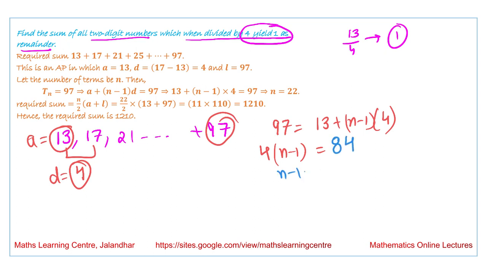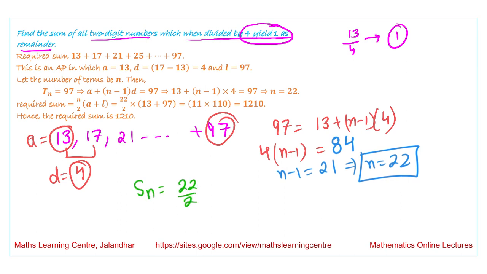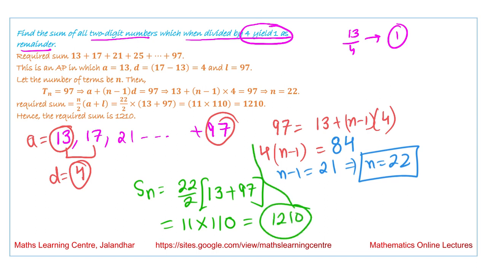So the value of n minus 1 is equal to 21, which implies n is equal to 22. Now we want to calculate the value of Sn. So it is 22 by 2 into first term 13 plus last term 97. The answer we obtain is 11 into 110, that is equal to 1210. So this is the required sum that we have.